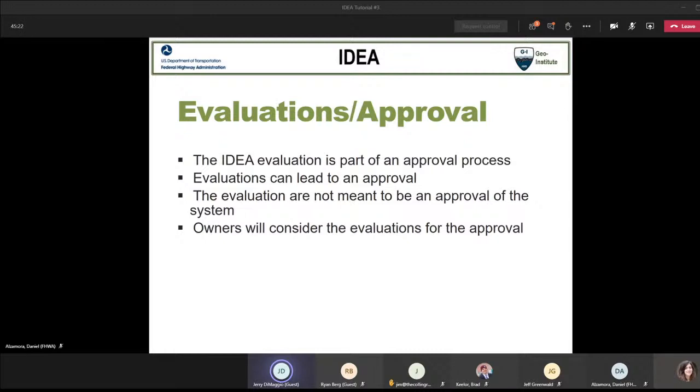So as Daniel previously mentioned, the focus of IDEA, and the reason why you'll find these evaluation reports to be quite succinct and abbreviated as compared to what you saw in high-tech, those of you who are familiar with that, is now, as those of you who are familiar with the AASHTO bridge specifications know, this is kind of the Bible.